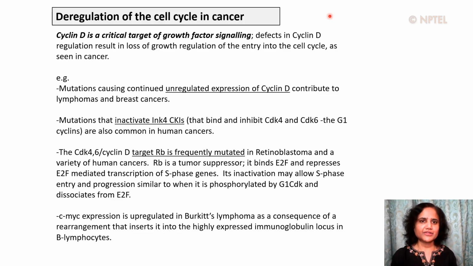Interestingly, a long time ago it was found that c-MYC expression is upregulated in Burkitt's lymphoma as a consequence of a chromosomal rearrangement that inserts the c-MYC gene into the highly expressed immunoglobulin locus in B lymphocytes, such that the expression of c-MYC was increased. So it was able to contribute to the uncontrolled proliferation of these cells in Burkitt's lymphoma because of its enhanced expression.